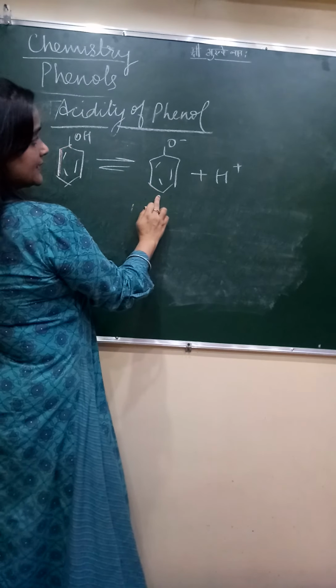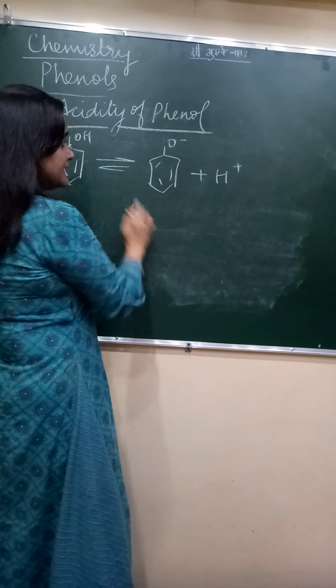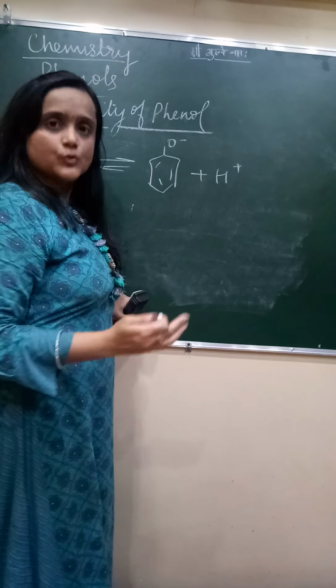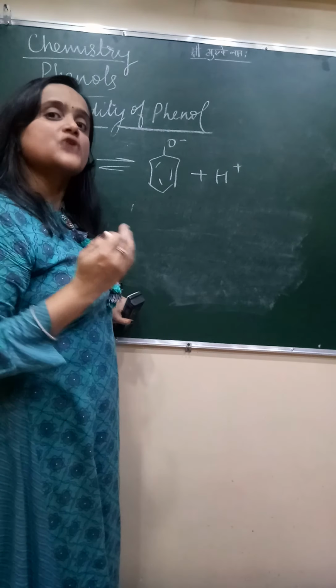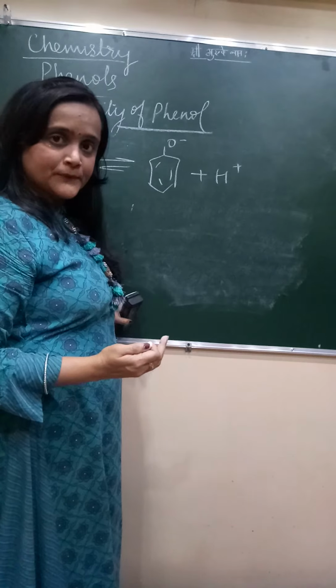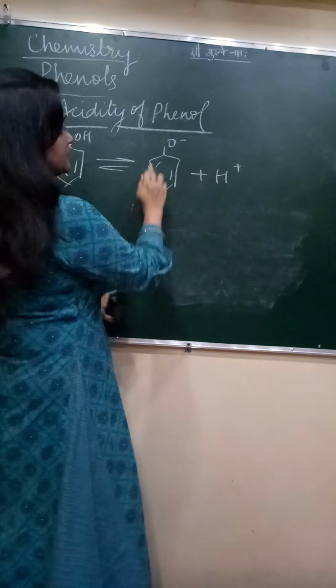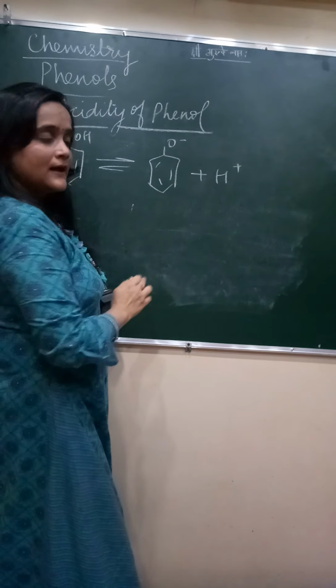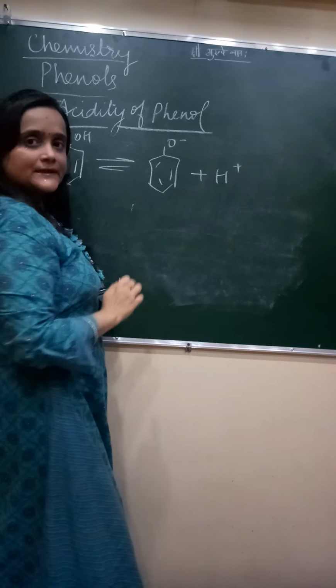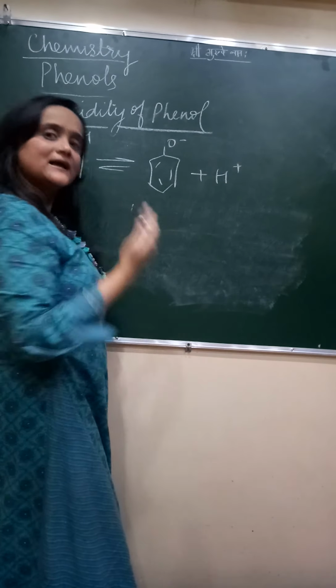But this phenoxide ion is stable. Its stability is due to resonance. Resonance is charge delocalization, meaning the negative charge spreads throughout the ring and that's why it is stable, and that's why it is acidic.